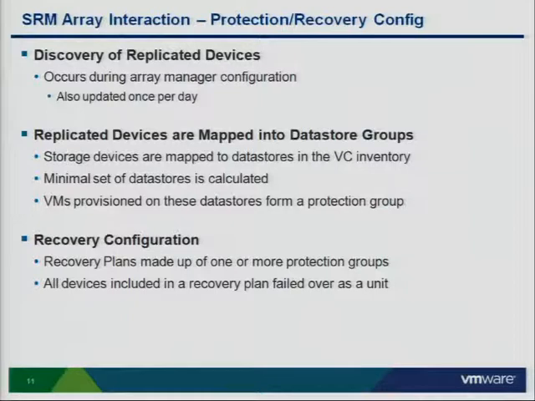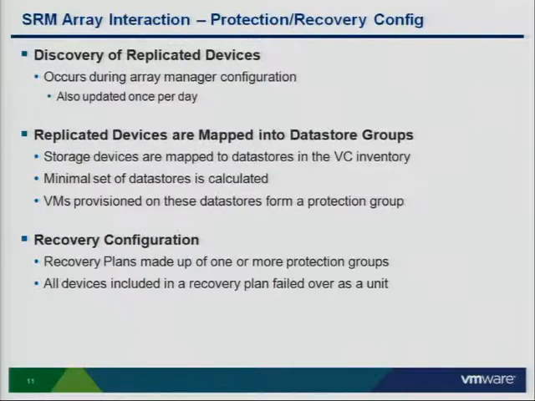Once we know the data stores that correspond to those replicated devices, we can find out what virtual machines are actually provisioned off of those data stores. So now when we've got all of the virtual machines that are replicated, you can use that to configure your protection groups.